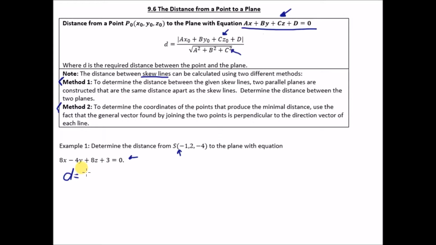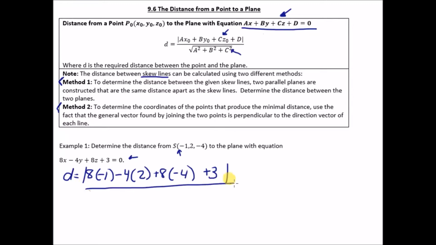So let's just go ahead and sub right in. So we have 8, and we're going to sub in -1 plus, oops, this is going to be -4. We're going to sub in the y, plus 8, and we're going to sub in that -4. Plus 3, all over 8 squared plus -4 squared plus 8 squared.